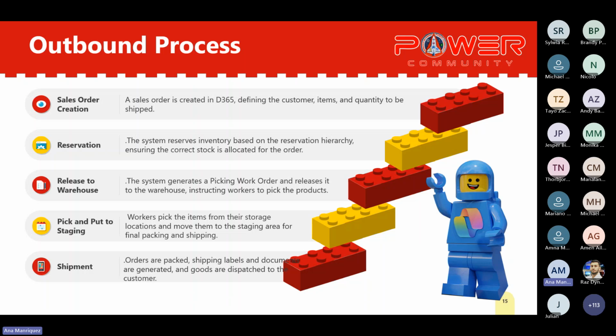In a manufacturing process, when you have the finished product in your location and you send this inventory to the finished goods warehouse, that is an outbound process. Sending inventory to the raw materials warehouse for the manufacturing process is an inbound process. But we talk about sales order because it has many steps.